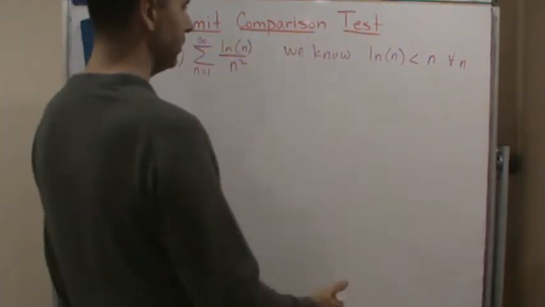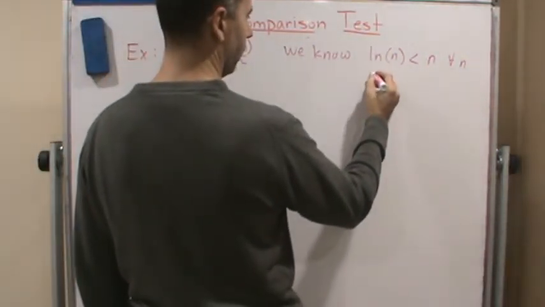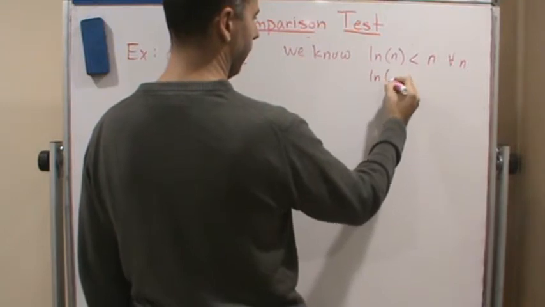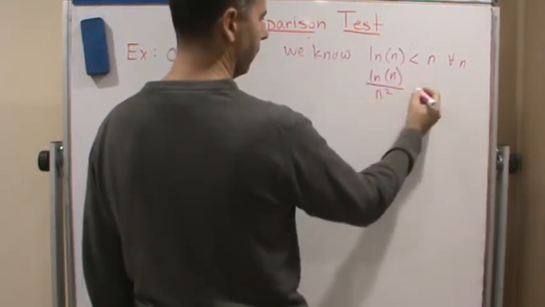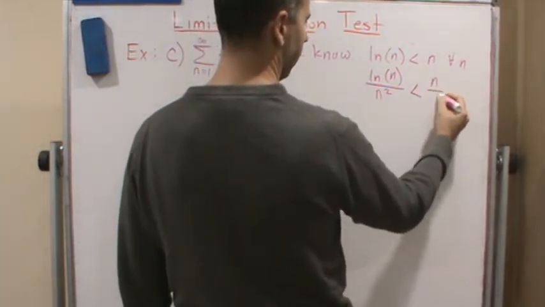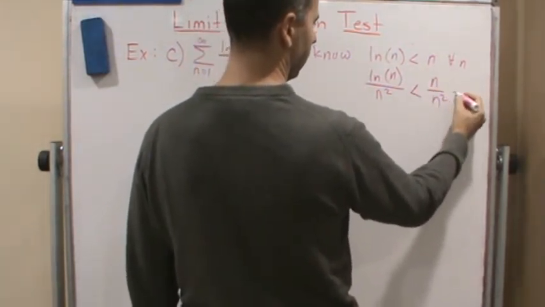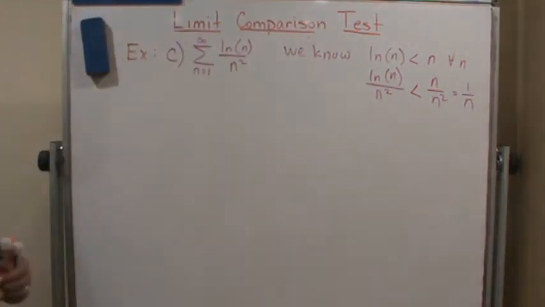So that means what? The natural log of n over n squared would have to be less than n over n squared, which equals 1 over n. Right?